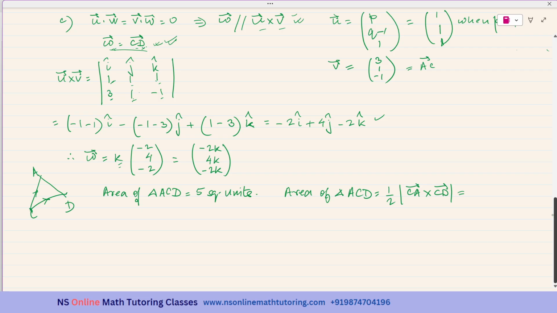So CA will be minus V. So it is minus V cross CD, which is W. You can take minus V as minus 3, minus 1 and 1, or else you can just write this as half times W cross V, because this is one of the properties of the vector product: A cross B is equal to negative B cross A. So this may be taken as negative V cross W, which is equal to W cross V. And now we have to get the W cross V vector product.